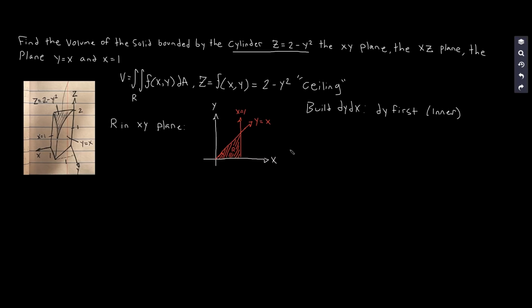So we're going to do dy first, which means we're doing vertical slices. And so if we're doing vertical slices, it's going to look like this. That's dy. And so for dy, we need to look at what's the top and the bottom function of x.